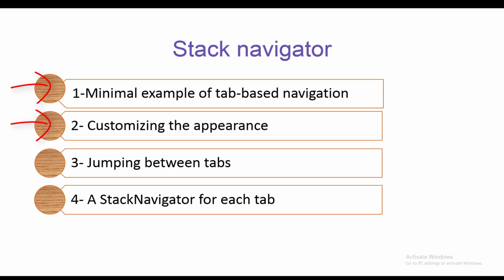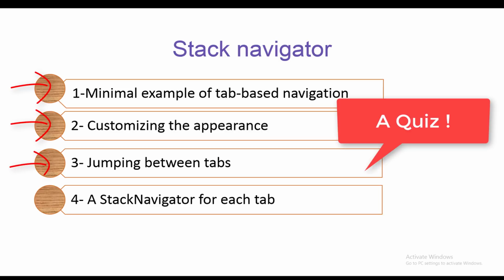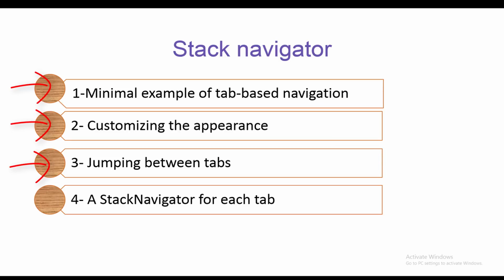The second example is about customizing the appearance of the tab navigation to add icons and styles. The third example is about how to jump between tabs. The fourth example is about how to integrate Stack Navigator with tabs.